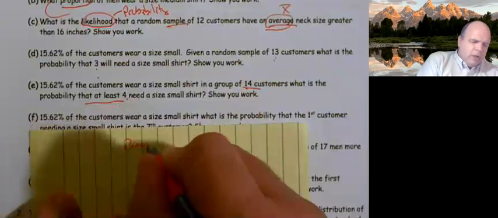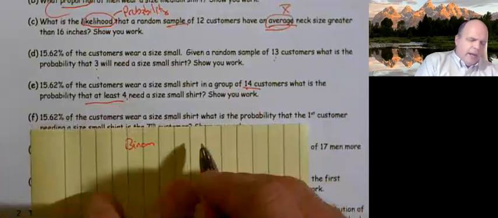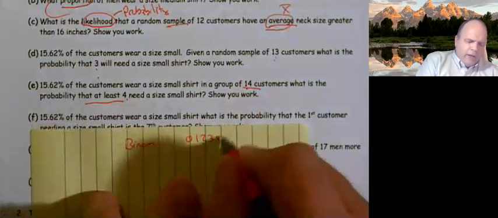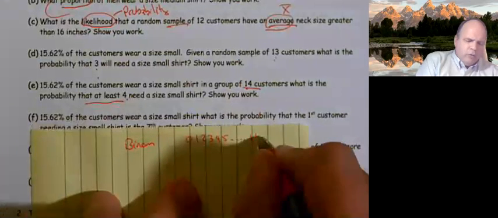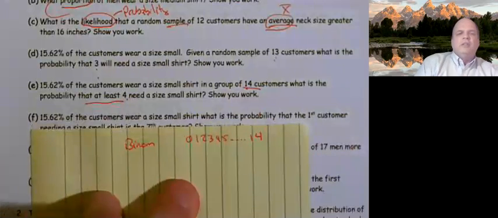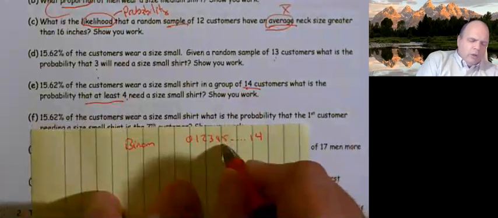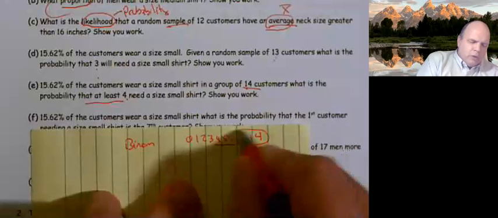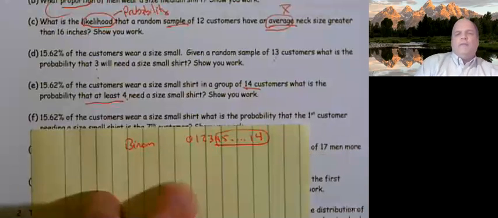And we have 0, 1, 2, 3, 4, 5, dot, dot, dot, all the way to 14. At least 4 means 4 or more.